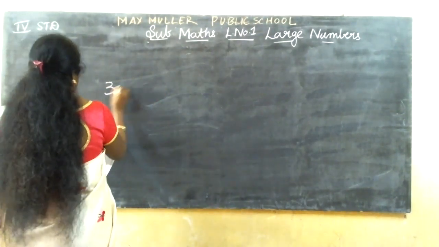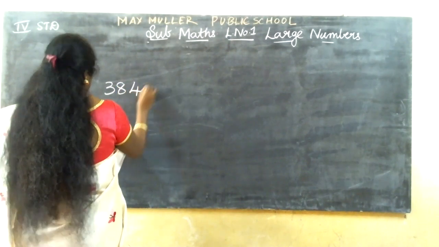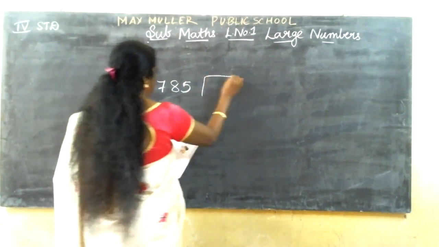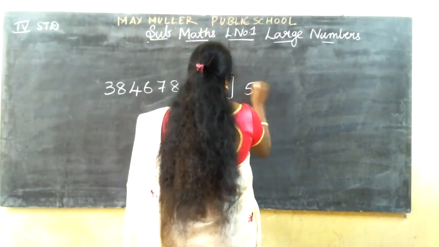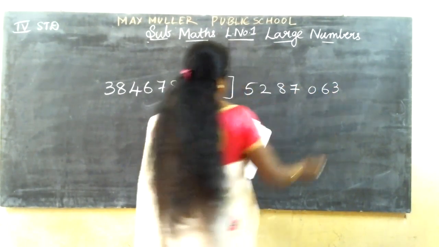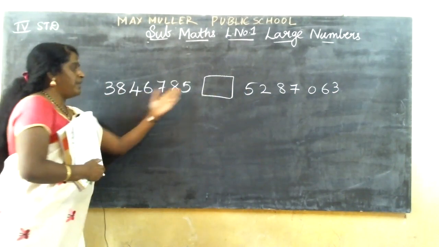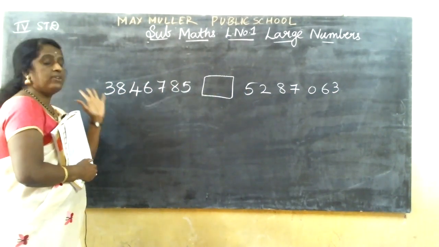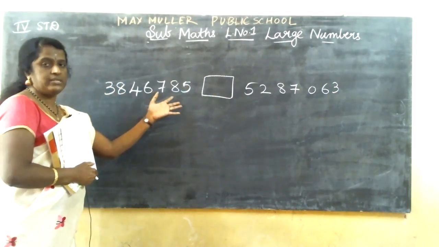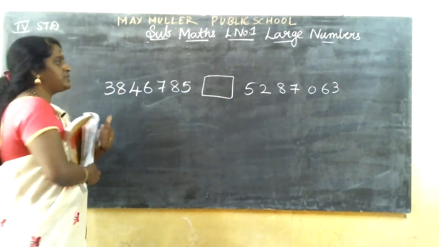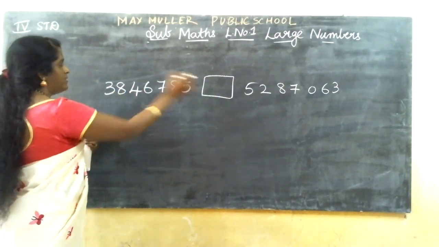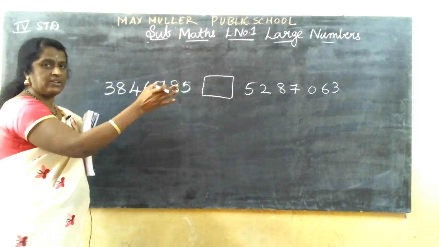Example sum: 3,846,785 and 5,287,063. Count the digits: 1, 2, 3, 4, 5, 6, 7, a 7-digit number. Both are 7-digit numbers, so you don't know which is greater and which is lesser. So we start from the beginning. See here, 3 and 5. Is 3 greater or is 5 greater? 5 is greater.